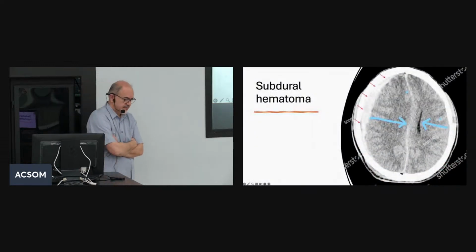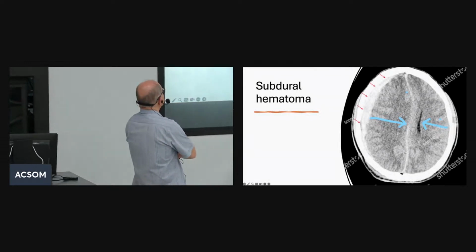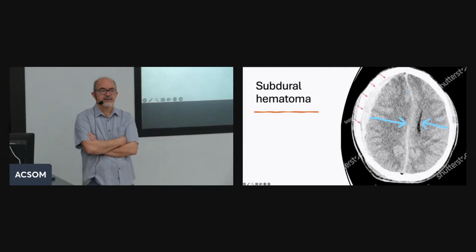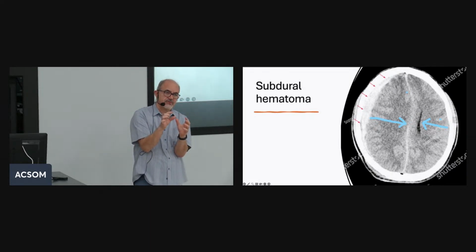This is a CAT scan of subdural hematoma. As I said, under the dura, there are lots of vasculature, bridging veins. In the elderly, when the brain shrinks, the subdural space becomes bigger, and these bridging veins are kind of hanging in that space.